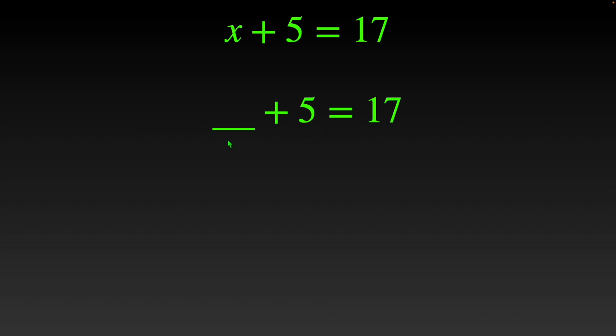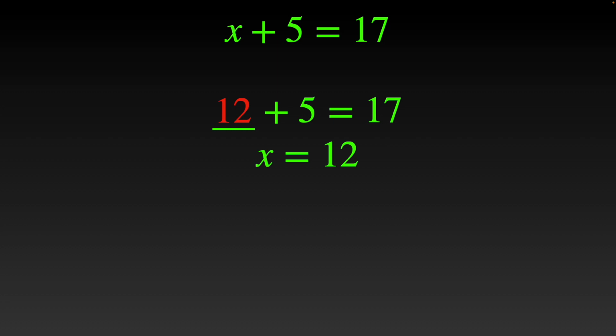Well, in this case, it's quite simple. It is 12. 12 plus 5 equals 17. Therefore, x equals 12. And this is what we mean when we say solve the equation.